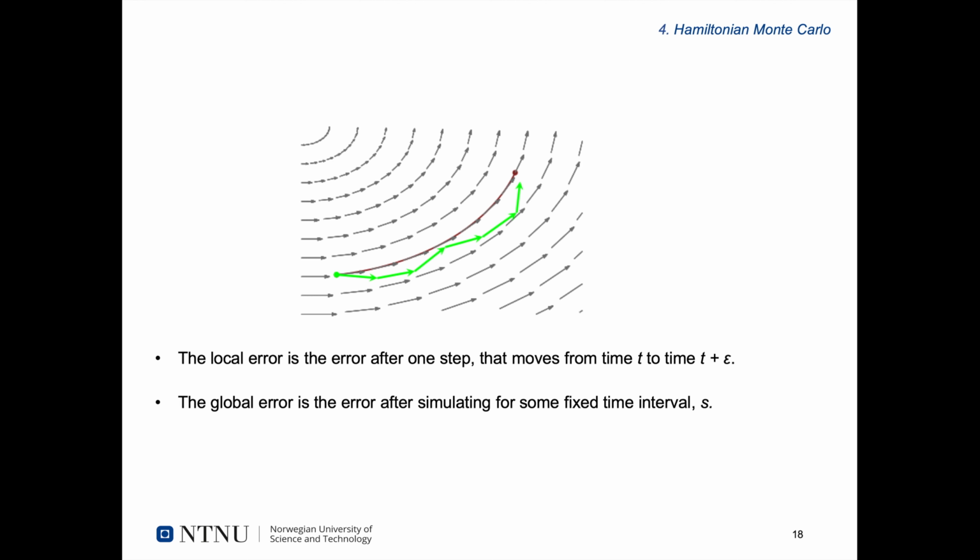But a nice property of the leapfrog algorithm is that the approximation errors cannot add up coherently to pull the numerical trajectory away from the exact trajectory, which is the red curve on the figure. Instead, the numerical trajectory oscillates around the true trajectory, which is the green arrows on the figure, even as we use a very small step size epsilon.